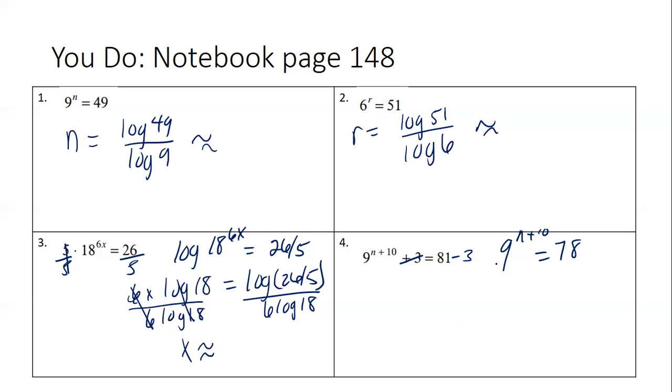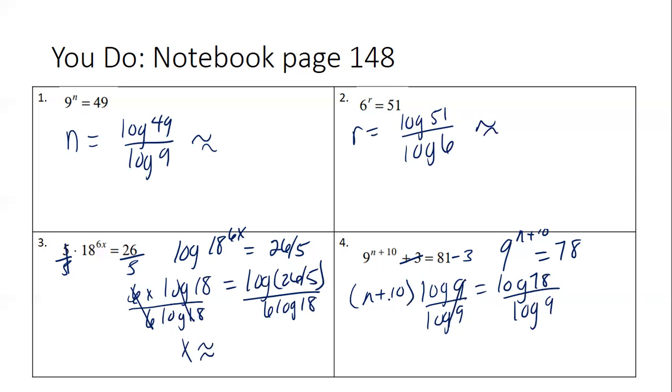All right, and then on 4, notice before we did anything, I had to subtract the 3, which left us with 78. Now this one's really important. When you're moving in plus 10, you're moving them together, and because they move together, they're in parentheses. That left us with log 9 equals log of 78. Divide by log 9.